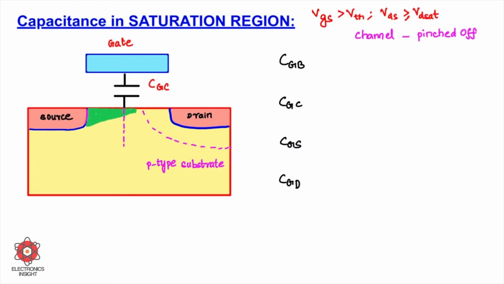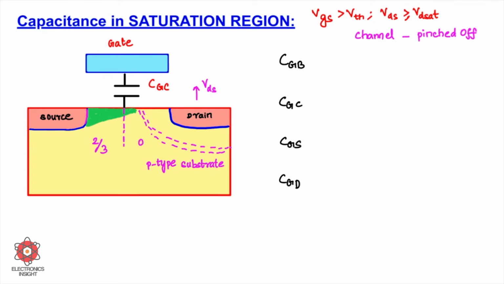So here, instead of splitting the gate to channel capacitance as exactly half for the influence of source and drain, we consider it to be 2 by 3rd portion of the total area that is occupied, and here you don't have any influence because it is completely going to form a drain depletion region when you try to increase your VDS. So therefore this side it is going to be 0.